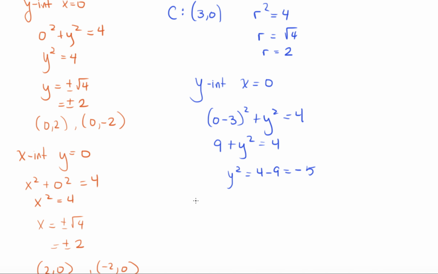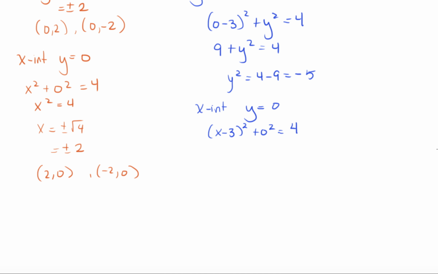Let's do x-intercepts. So again, we plug in 0 for y. You get (x minus 3) squared plus 0 squared equals 4. That means you have (x minus 3) squared equals 4. Take the square root on both sides. You're left with x minus 3 equals plus or minus the square root of 4, so x minus 3 equals plus or minus 2. We add 3 on both sides.